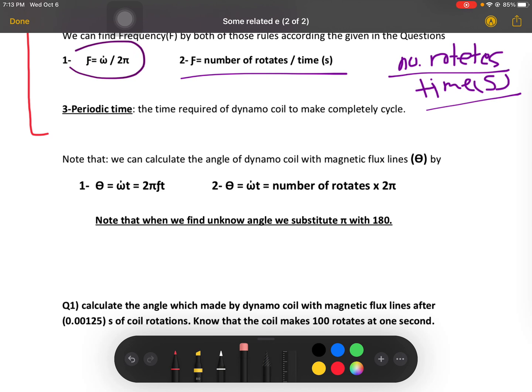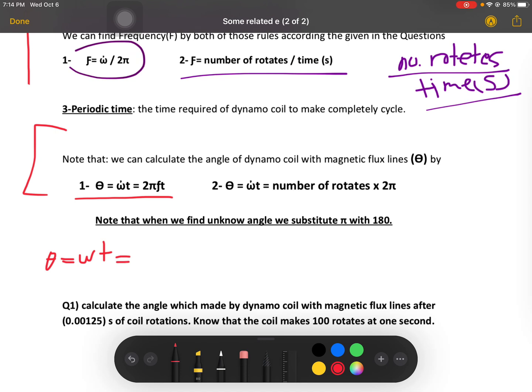Also, there is a very important thing: how we can calculate theta. We agreed on this rule in the last session. This rule comes from theta equals omega t.